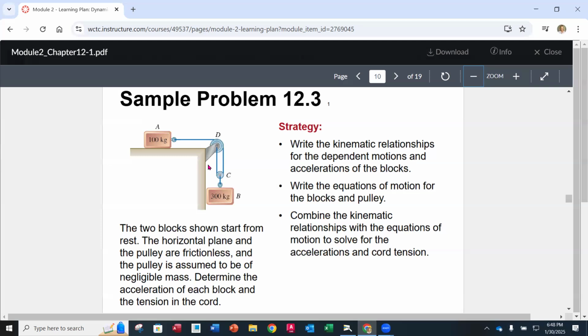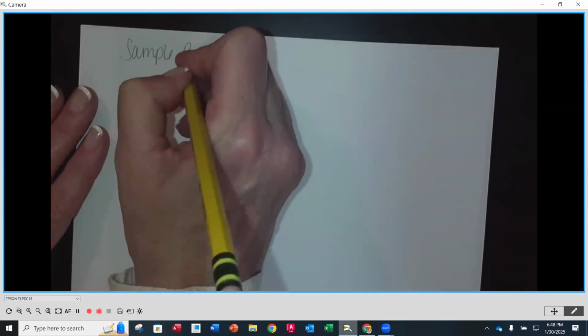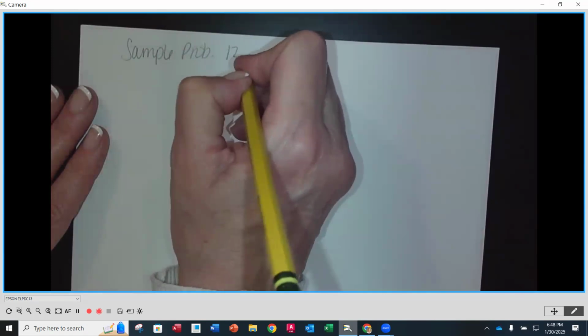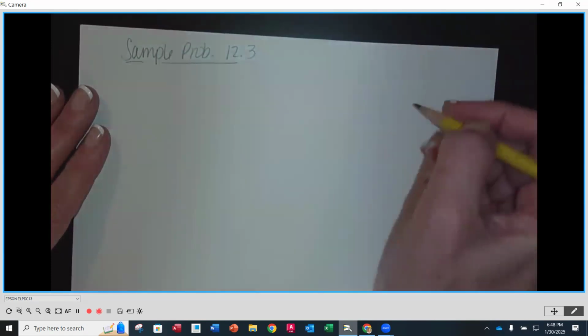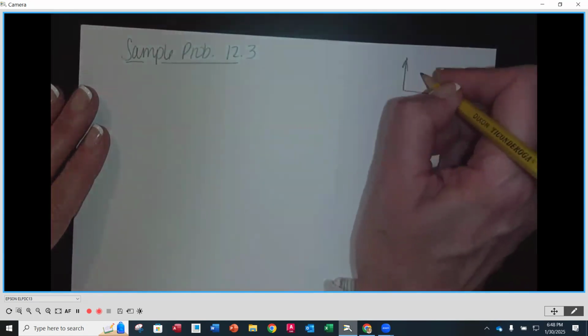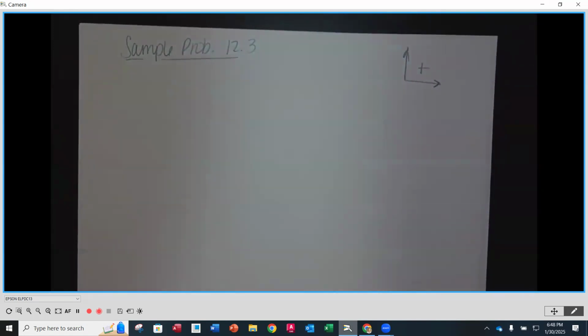So I am going to go underneath my camera and we are going to start just like we did before. Identify the sample problem that we're working on. And this is 12.3 this time. Okay. I'm going to put my convention in the upper right-hand corner.